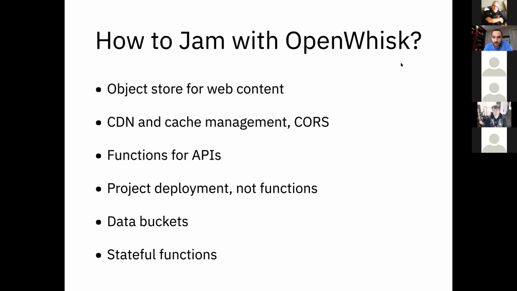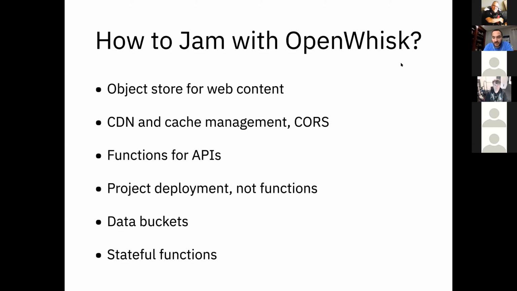So how do you jam with OpenWhisk? This really involves a number of extensions to the serverless functions compute model. Functions is just one building block, but applications are not just functions. They're not just compute. You have to talk about storage and memory. Specifically, there's a number of things I've listed here that are important to consider when you want to develop full applications in this model.